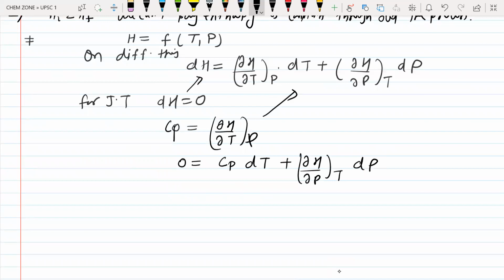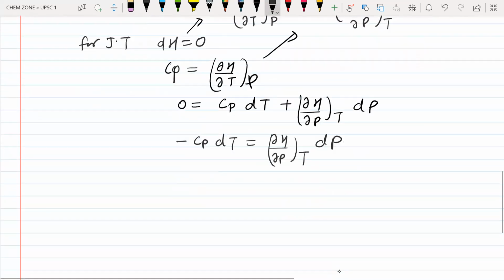We just put these values in the above equation and separate the variable. You can write as minus Cp dT is equal to del H by del P at constant T into dP.